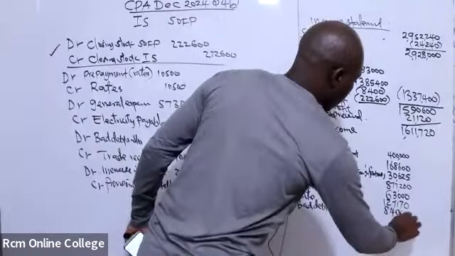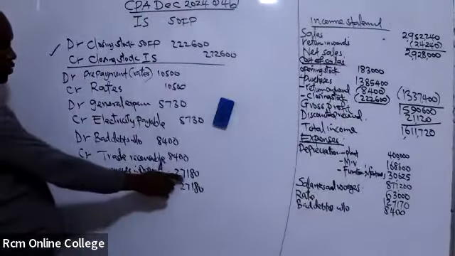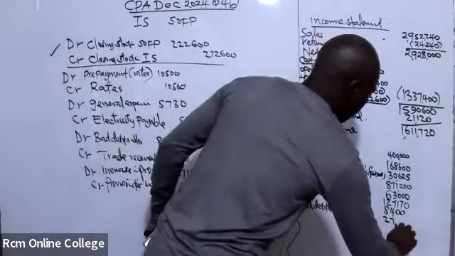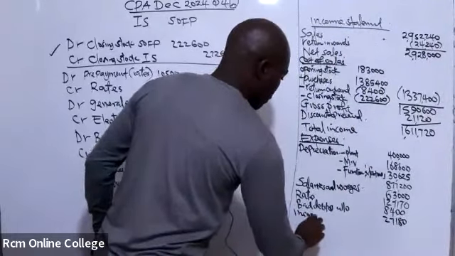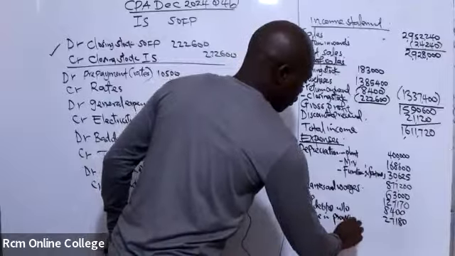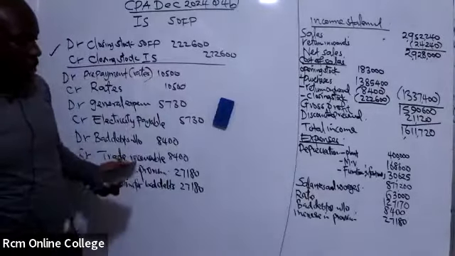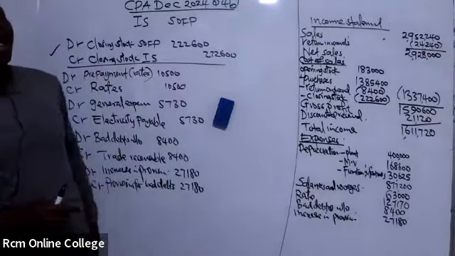Then we also add increase in provision as an expense, 27,180. Good. Another one that I'm able to see directly is the discount allowed.